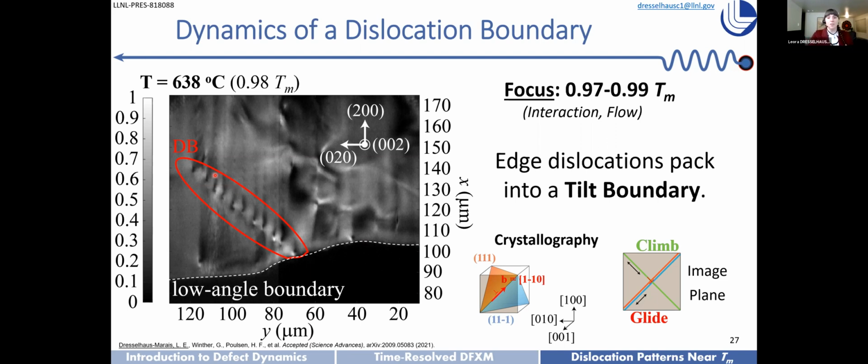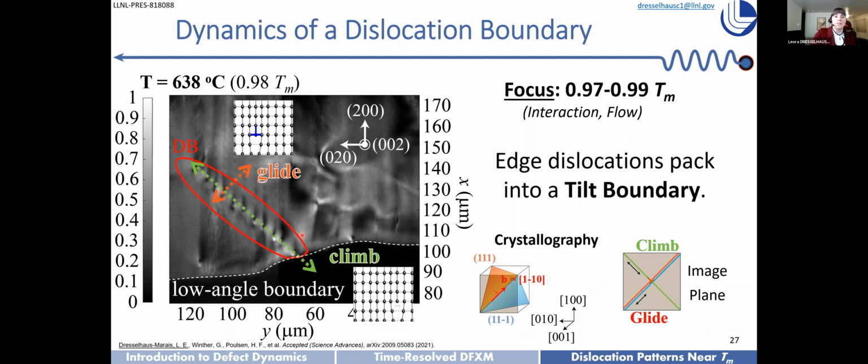This allows us to build up a crystallographic model that shows us the Burgers vector, line vectors, and slip plane normals, and allows us to project that onto our imaging plane, showing us the directions characteristic of motion of each of these dislocations along the climb and the glide directions. This corresponds to the lattice level for the mechanism of dislocation motion that I have shown here in these movies, for those of you who might be less familiar with dislocation dynamics.